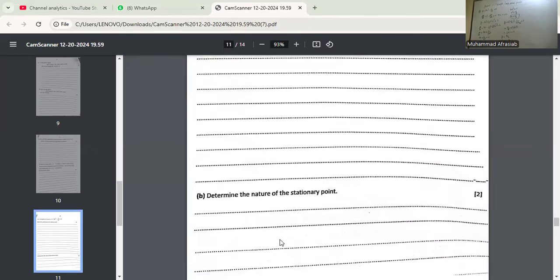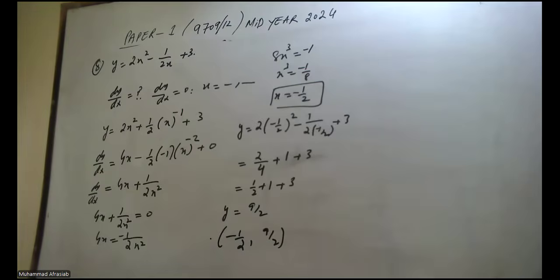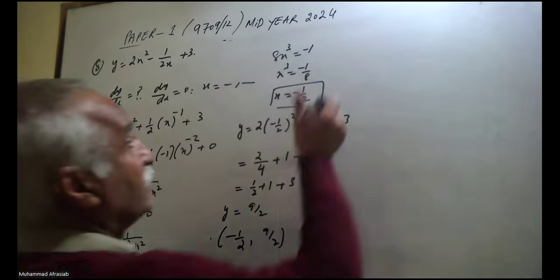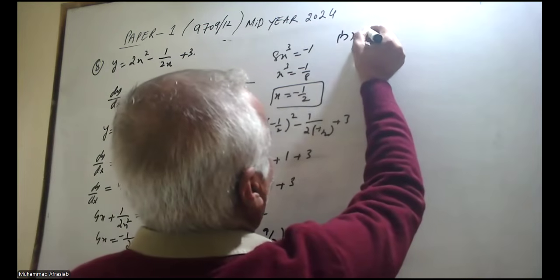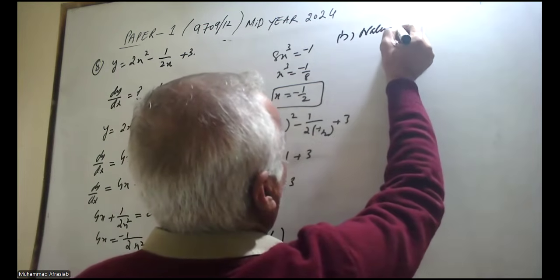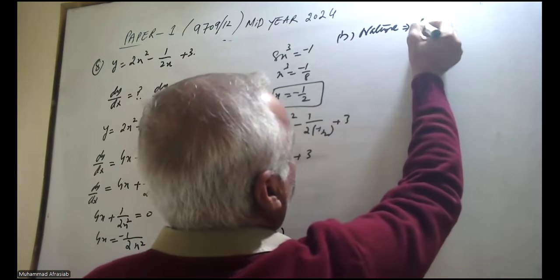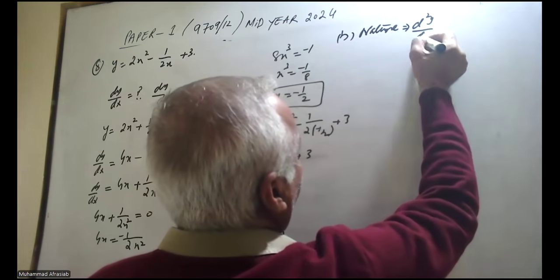Determine the nature of this stationary point. So nature means that you are going to do the second derivative of this portion there. So this will become B part, the nature. And for the nature, you find the second derivative of this curve.